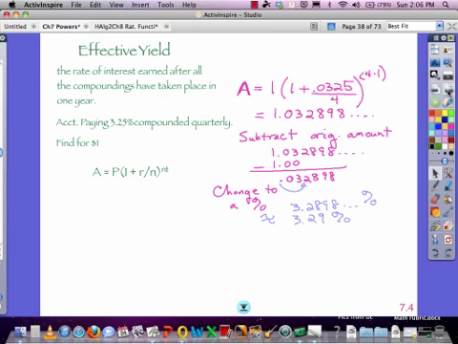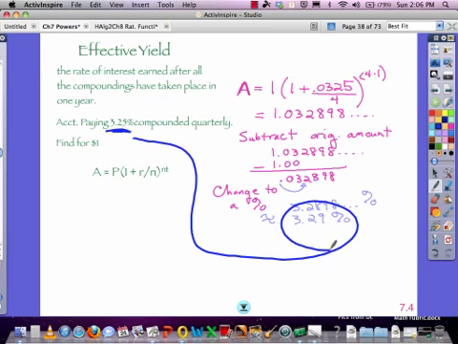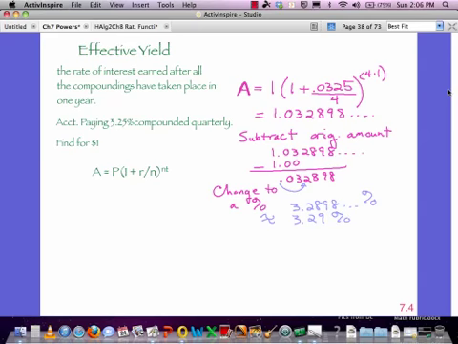So effective yield, it really grew by 3.29, even though they originally told us that it was going to be 3.25. So it actually grew bigger than what they told us. And that's the whole idea. Effectively, it should grow larger than what they're telling you. Not by a ton, but by a little.